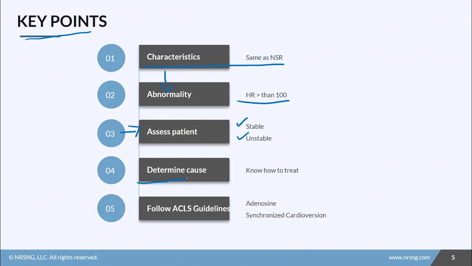And determine the cause. If you know why they are tachycardic, it is so much easier to treat them, and you know how to treat them. And always follow the ACLS guidelines. Start with adenosine, 6 milligrams the first dose. If that doesn't work, then give them 12 milligrams. If they are unstable, then we got to do a synchronized cardioversion.